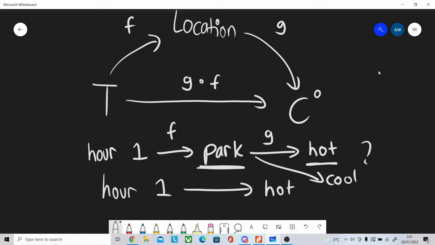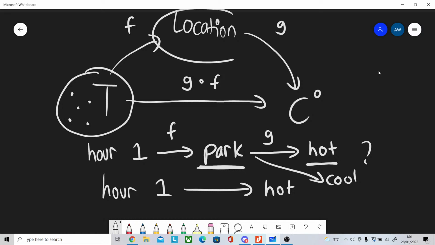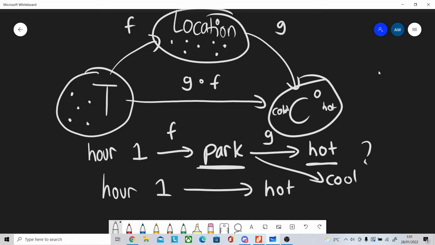Right? And you can think of these as sets as well. T is the set of all time: you have hour one and a half, hour two, hour three, hour four, and so on, all throughout the day. Location, obviously you can think of that as a set as well: park, library, and so on. And Celsius, or even simpler, you can just say hot or cold. And then this is just 2 points.